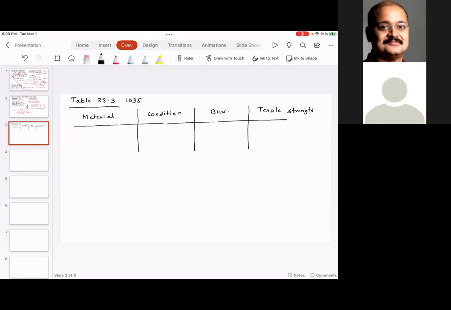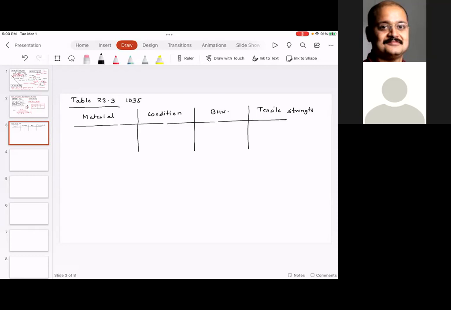So you want to be very careful about the type of material that you are selecting, or the type of material and heat treatment that is specified, to select appropriate hardness and appropriate tensile strength. Everyone understood this? It's very important that you make yourself familiar with this table, and this table continues in the back. So please understand the material, please understand the condition, and that is super duper important.